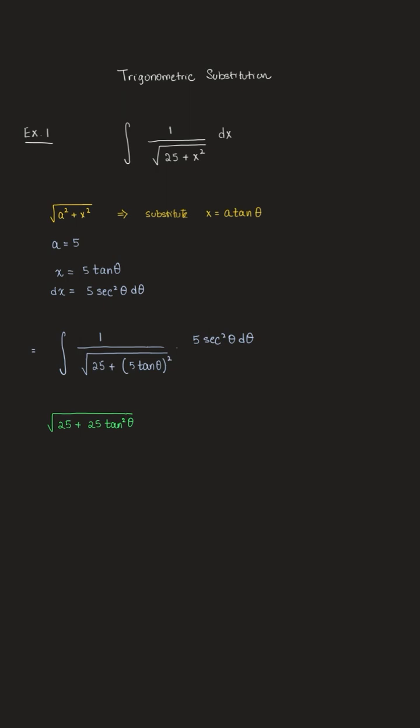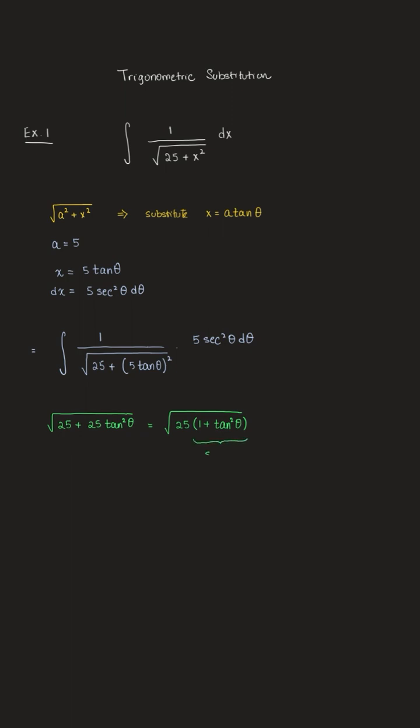And we can't pull anything out here outside of the square root when we have a sum, but we can change the sum to a product so that we can take the square root of a product of perfect squares. So I'm going to rewrite this as the square root, factor out 25, and then we'll have 1 plus tangent squared theta. Now, 1 plus tangent squared theta is one of our Pythagorean identities.